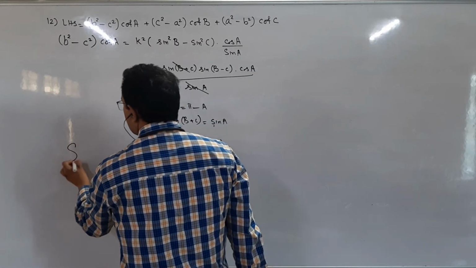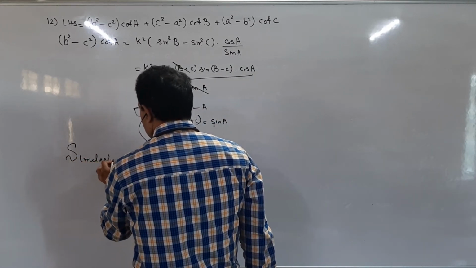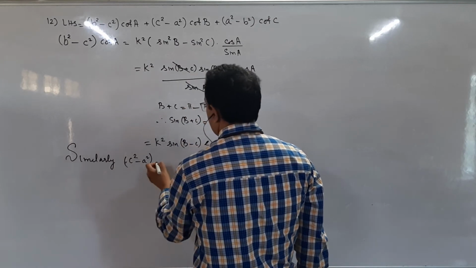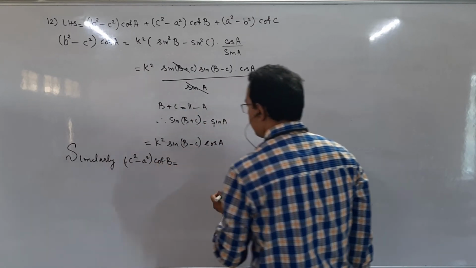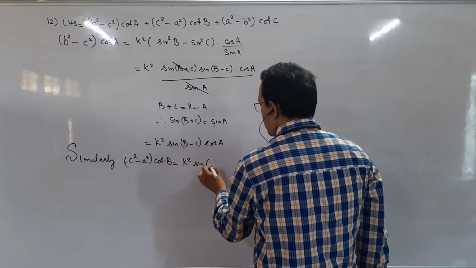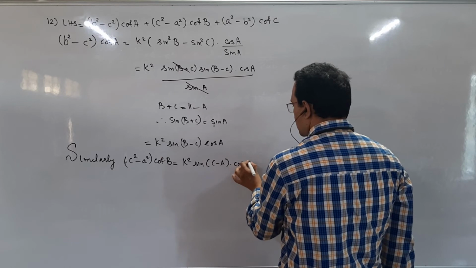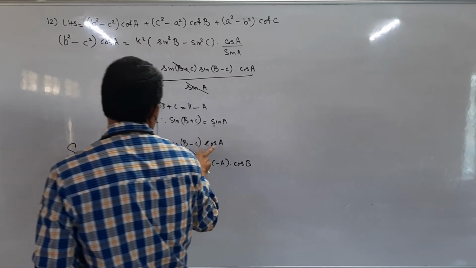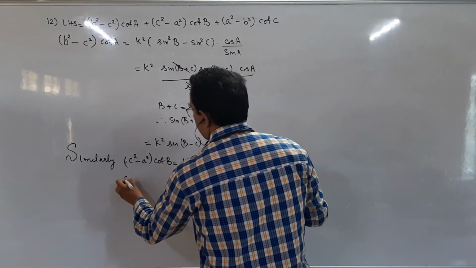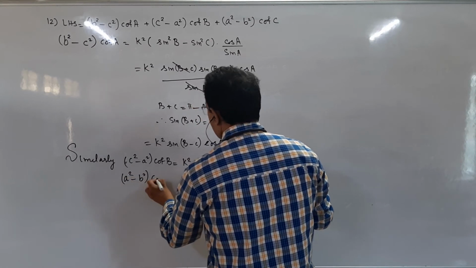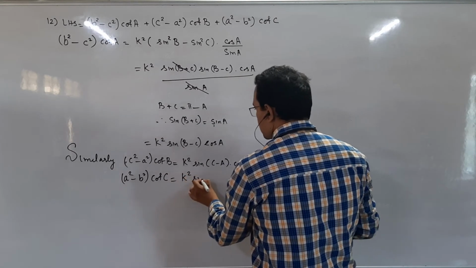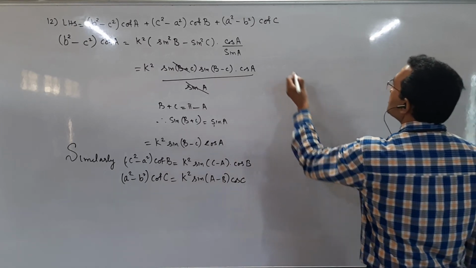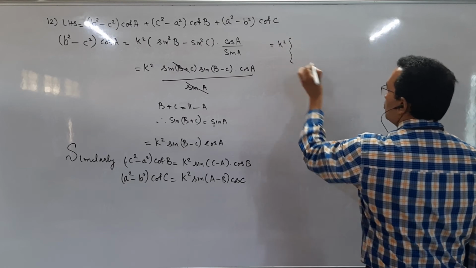So similarly, I can write C square minus A square into cot B will be K square sine of C minus A into cos B. If it is B square minus C square, it will be sine B minus C. If it is cot A, it will be cos A. So for cot B it is cos B. And A square minus B square into cot C will be K square sine A minus B into cos C. So applying this, we will take K square common throughout.